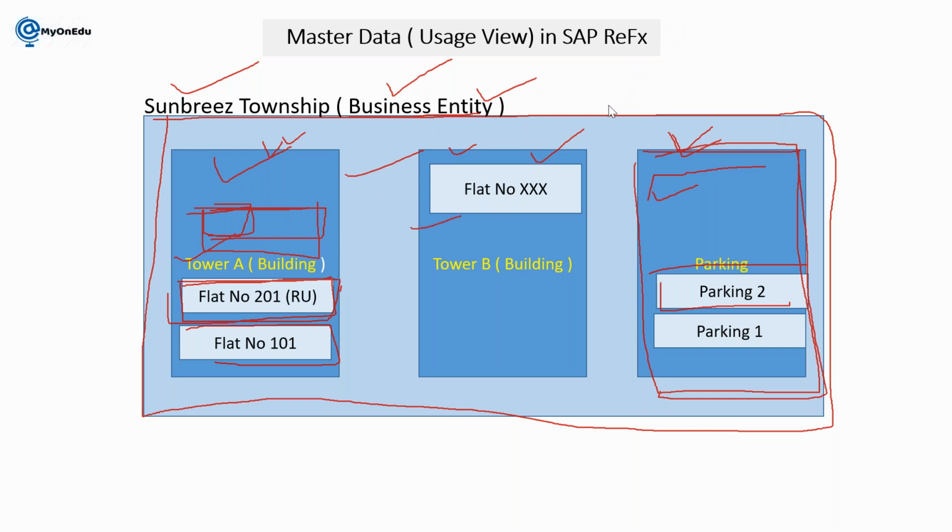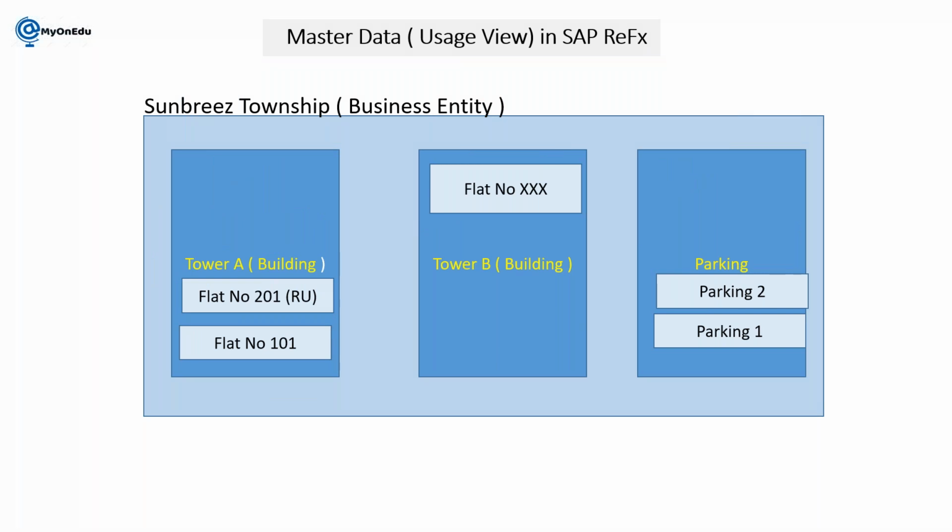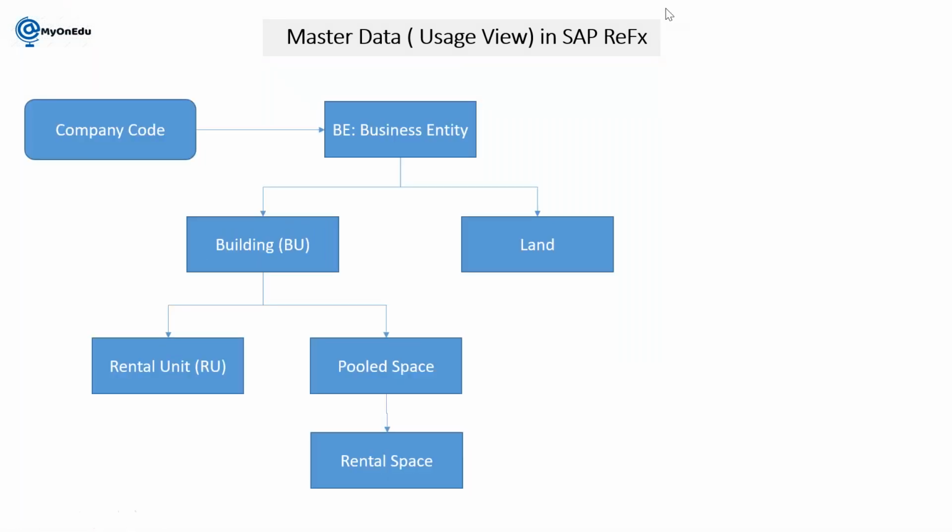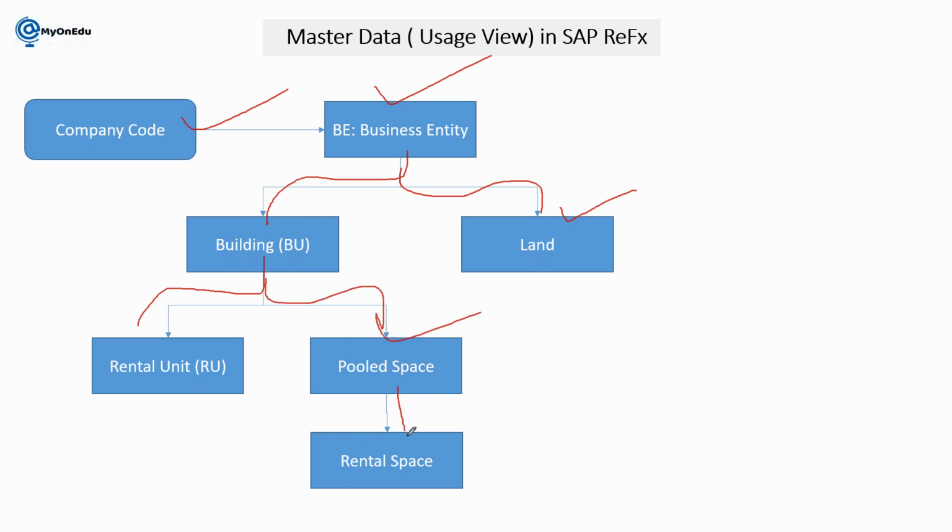So how can we structure it? Let's see this. This is the business entity, which is created under the company code, and you have buildings parallel to land. Under the building you have rental units, and on the other side you have pooled space and rental space. This structure is fixed from SAP.